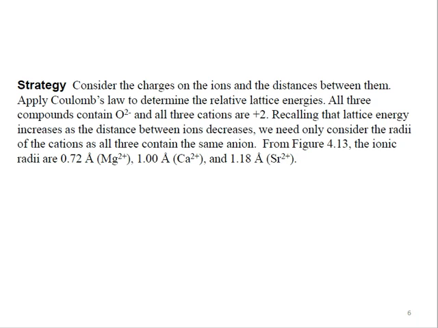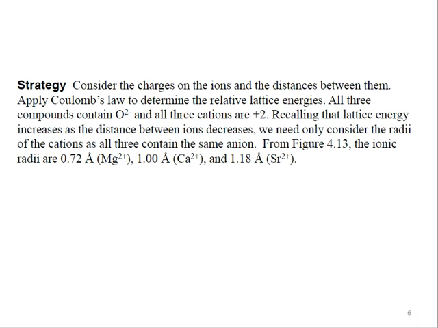The strategy here would be to consider the charges on our ions and also the distances between them. We can apply Coulomb's law, we borrow that from physics, to determine our relative lattice energies. Since all three compounds contain oxide, which is O2-, that means all three of the cations to balance out will need to be +2.